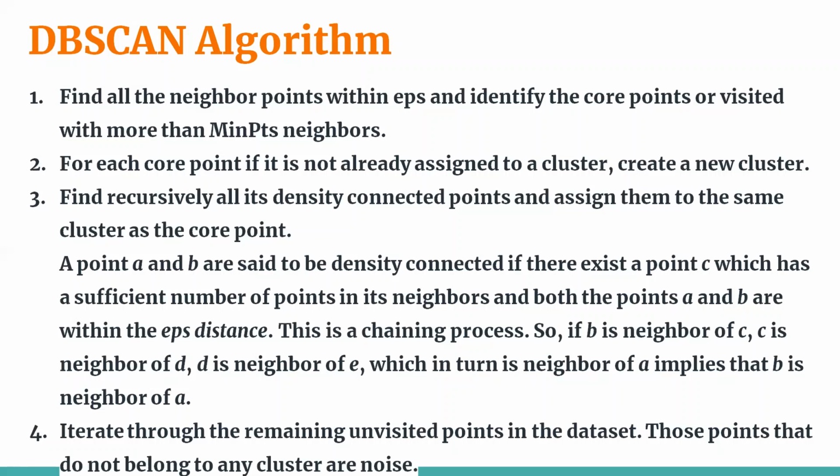If there is no cluster, you need to create a new cluster and add it to it. You need to find out all the data points in the space till all the data points are visited. So this is what the DBSCAN algorithm is.